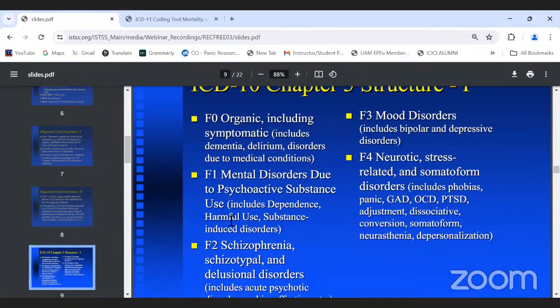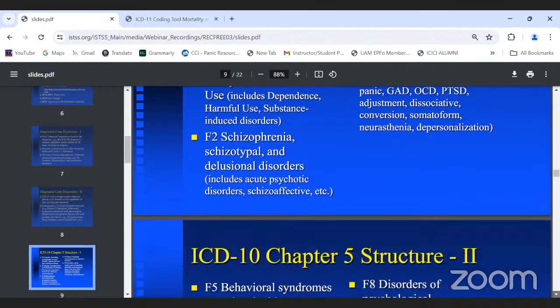Schizophrenia, schizotypal, and delusional disorders would be from F20 to F25. Then for mood disorders, it would be from F30 to F39. This is how we used to code.